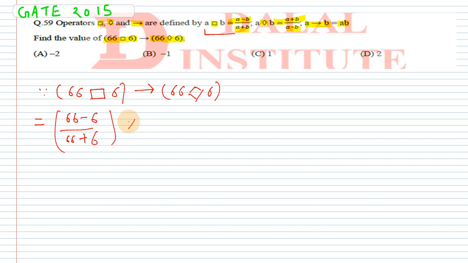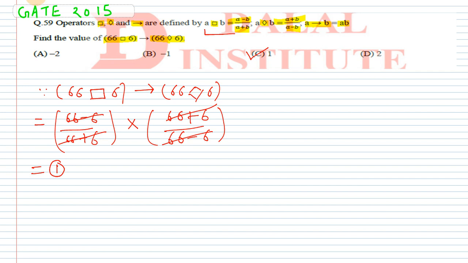And if we apply the diamond operator over 66 and 6, then it will be equal to a plus b, that is 66 plus 6, over a minus b, that is 66 minus 6. Okay, so if we simplify this, then this value gets cancelled with this and this one by this, so we basically get 1. So from this, the correct option will be C.